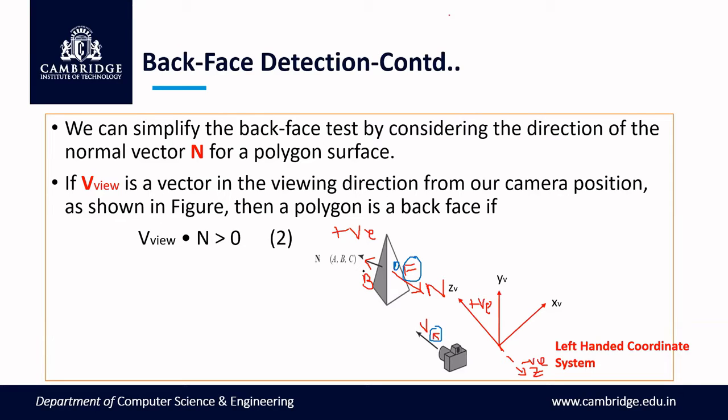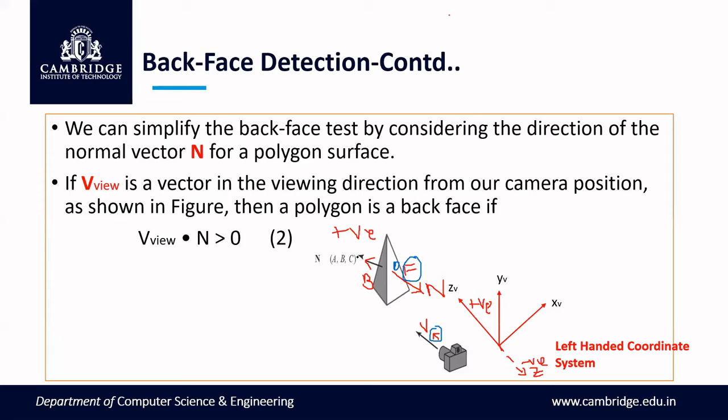When you place your object here, your normal vector always will be in the same direction. The complete object is drawn based on the left-handed system. So my coordinate values, everything is based on the left-handed system.